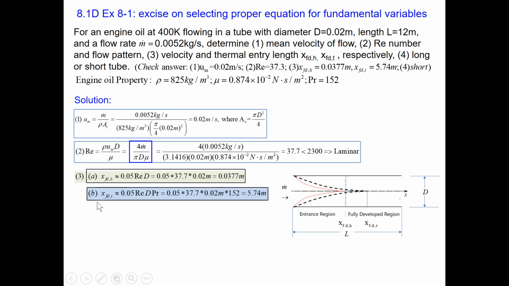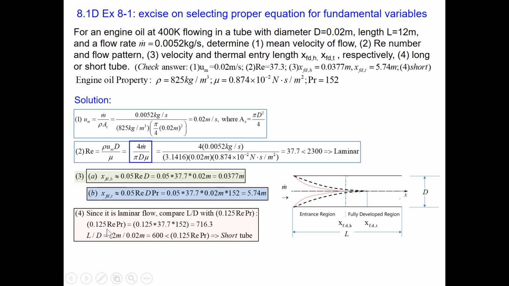Equation 3b defines the entrance length for the temperature field, X_FD,T. Plug in numbers: 0.05 times Reynolds number times diameter times Prandtl number. Then we get a big value of entrance length for the temperature field.